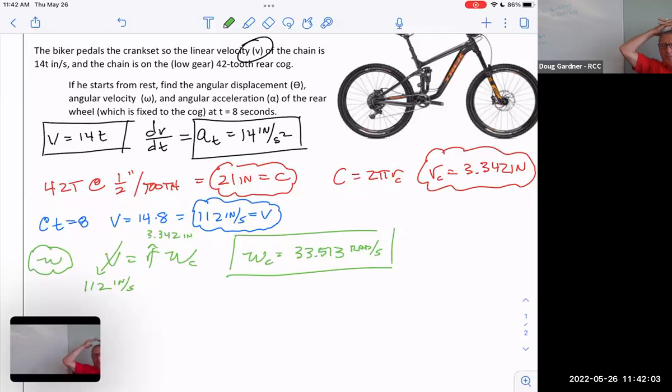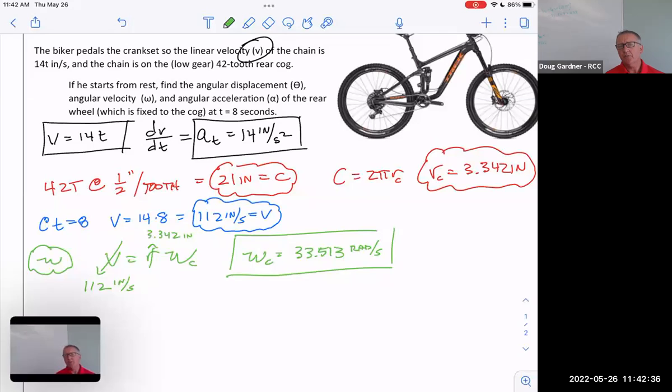Now, stop and think about that number for a minute. Is the cog moving slowly or fast? What does 33 radians a second look like? Do you have any gauge for that? Well, what's one lap? If something spins one lap, how many radians is that? 2 pi, which is 6.28.